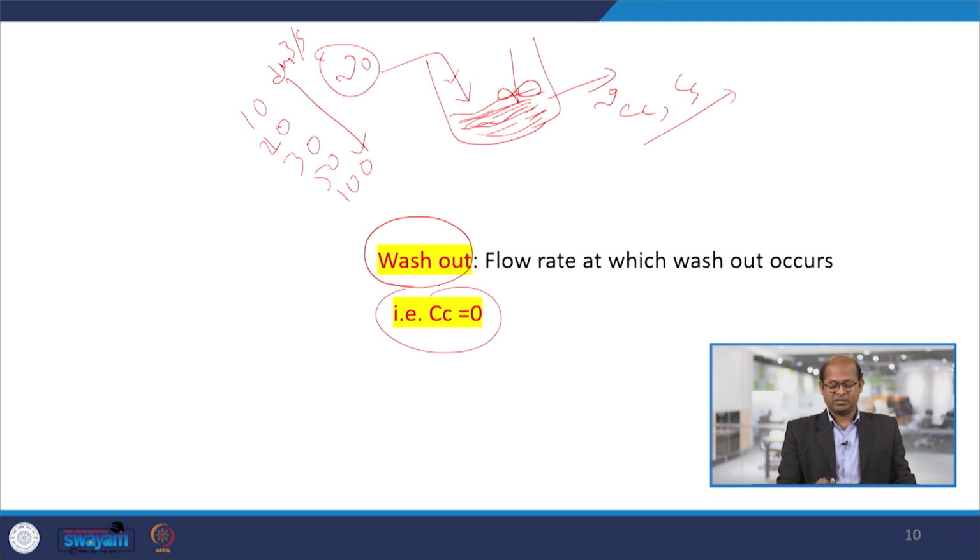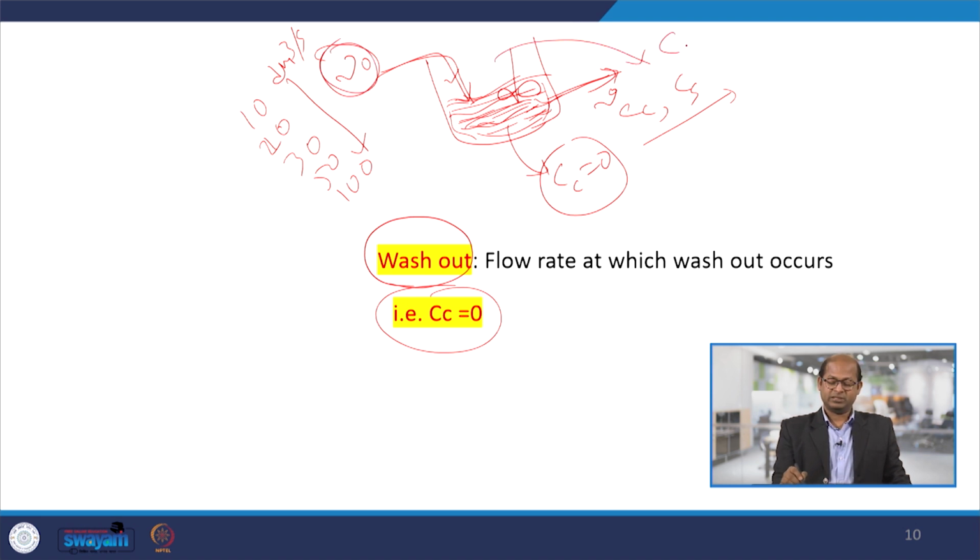That is called the washout condition, meaning almost all cells that have been formed in that particular reaction condition leave the reactor due to the feed rate. So, here the cell concentration would be 0, or by changing this, the cell concentration Cc could be at its maximum, the highest concentration, meaning from 0 to maximum.